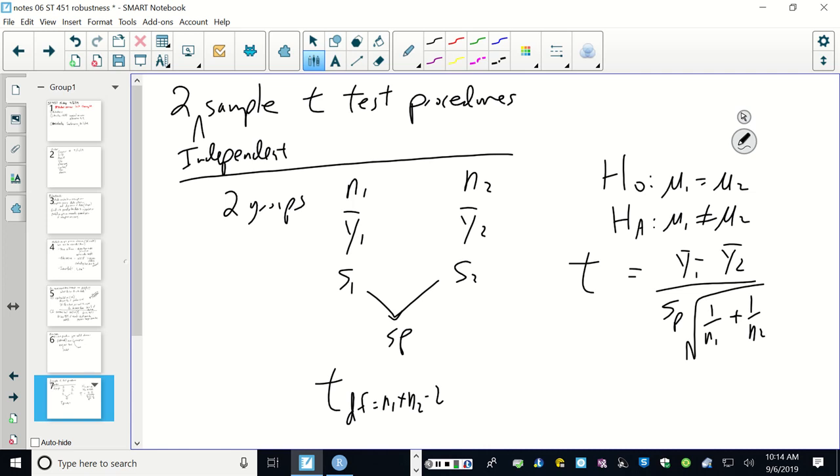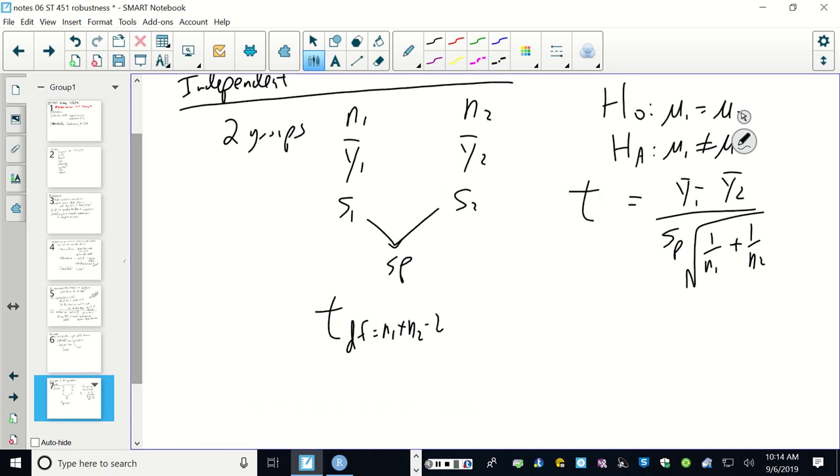And we're going to compare that to a t-distribution. A confidence interval does a lot of the same things. We could pool, get our standard error, and our confidence interval would go y bar 1 minus y bar 2 plus or minus a t-value with a certain degrees of freedom, 1 minus alpha over 2. We got that upper tail, and then this standard error, SP.